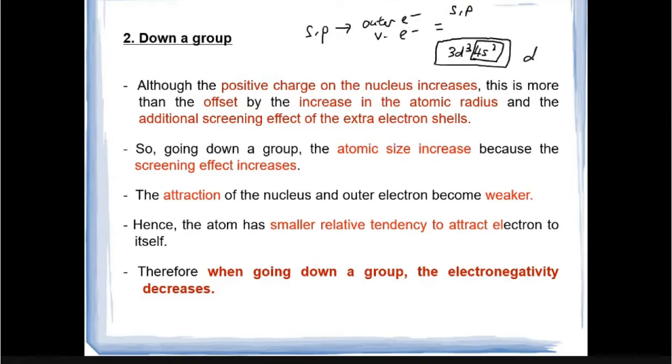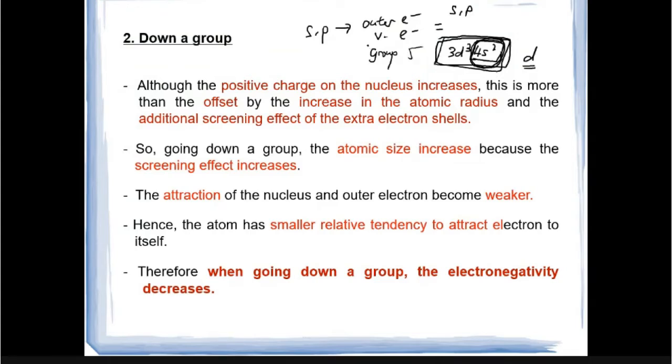Tapi bagi D block element kena berhati-hati, valence electron is used to determine the group. So we have to refer to the 3d and 4s. So 3 plus 2 equals 5, so this one is group 5.